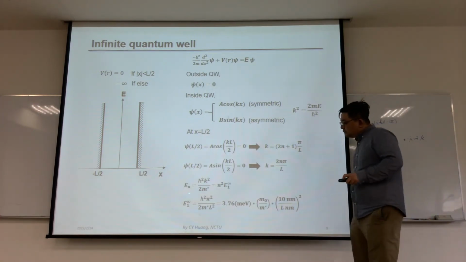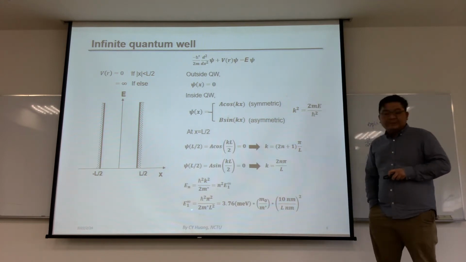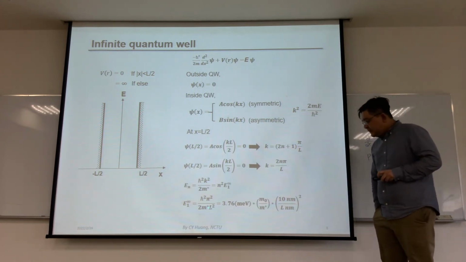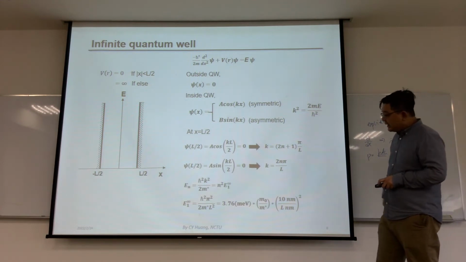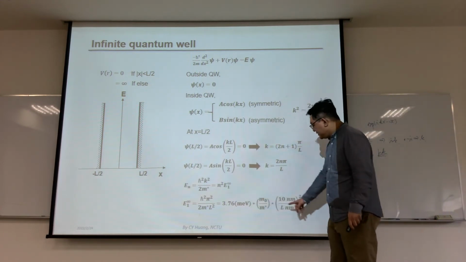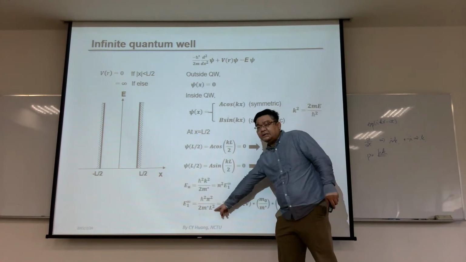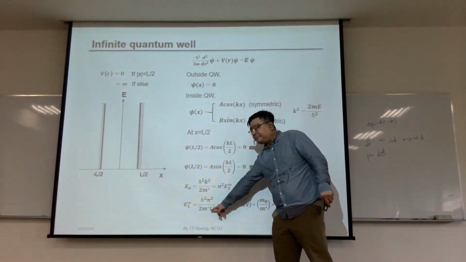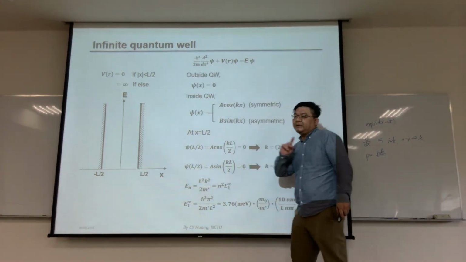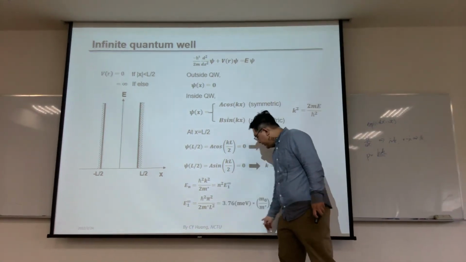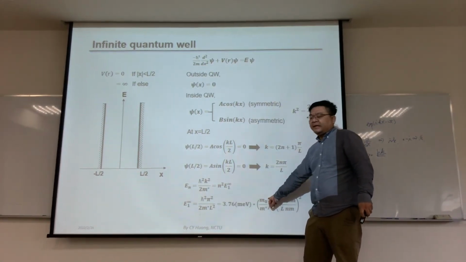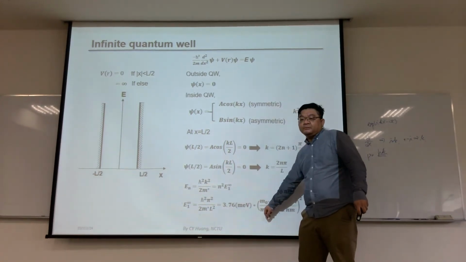Alright, now we have a lot of constants here. The h bar is a constant, the m is a constant, pi is a constant. L is something, but we can first treat it as a constant. For example, we can assume 10 nanometer. Divide it by 10 nanometer and times by 10 nanometer, then divide it by the rest mass first, then divide it by n squared.